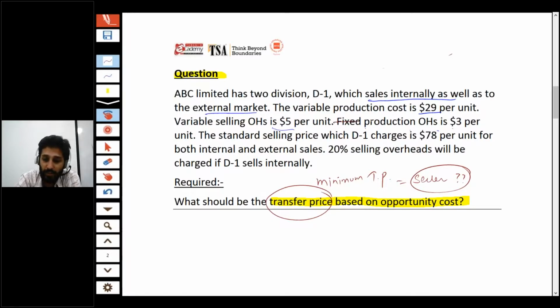Fixed production overhead is irrelevant for decision making. The standard selling price which D1 charges is 78 per unit for both internal and external sales. To calculate the transfer price based on opportunity cost, you must first calculate the opportunity cost.